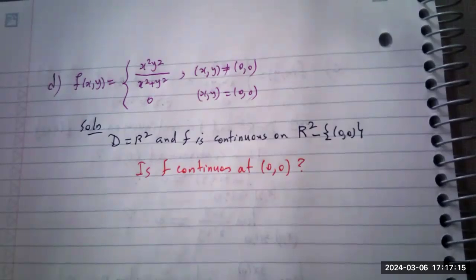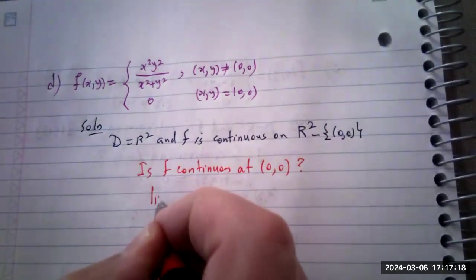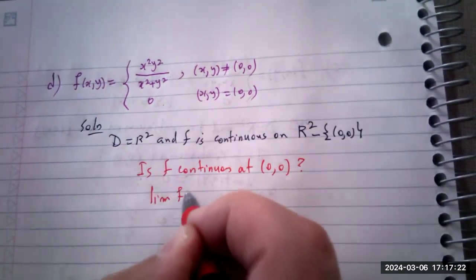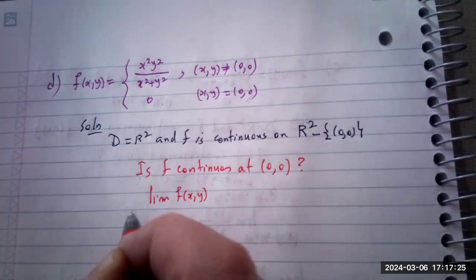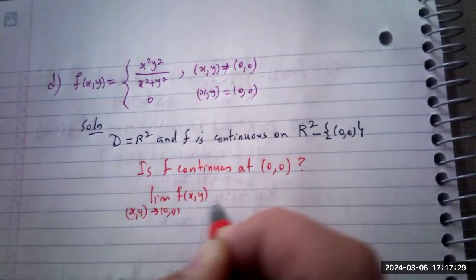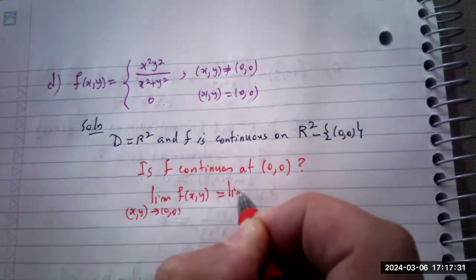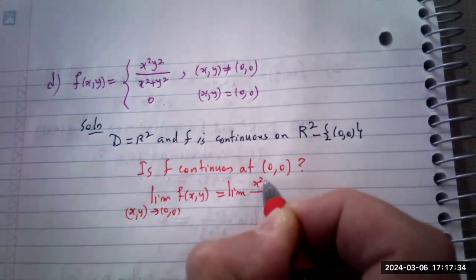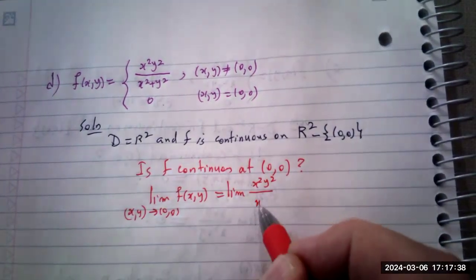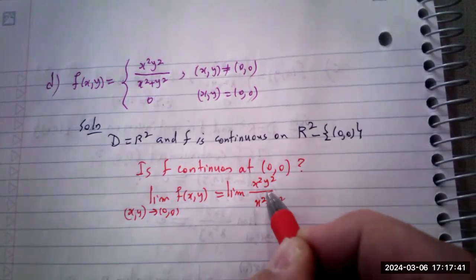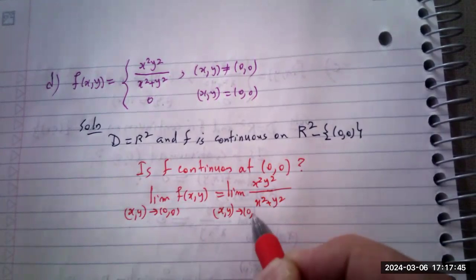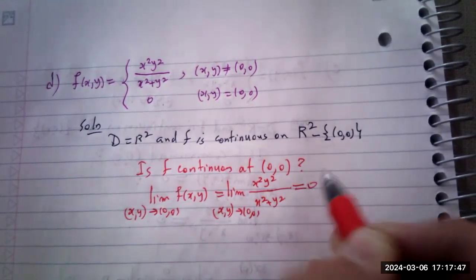So this basically means, is the limit of f(x, y) as (x, y) goes to (0, 0), which is the same as the limit of x squared y squared over x squared plus y squared, when (x, y) goes to (0, 0), equal to 0?